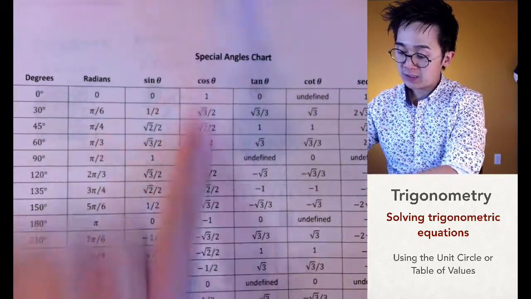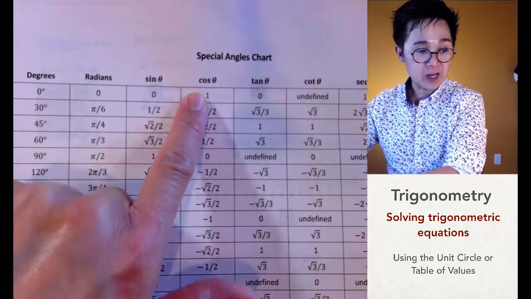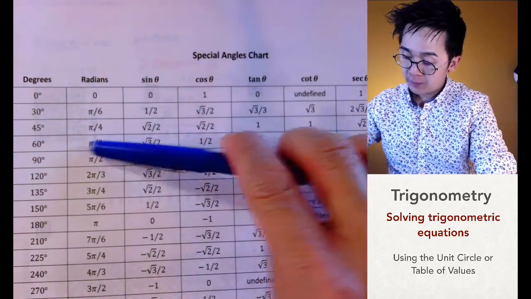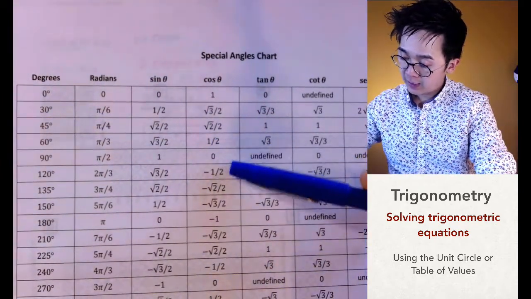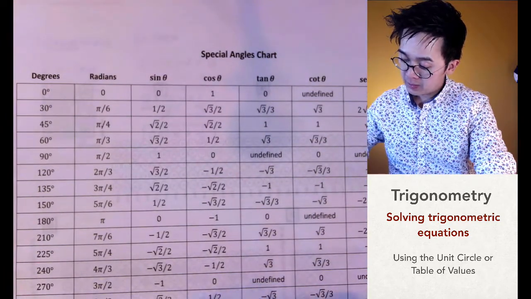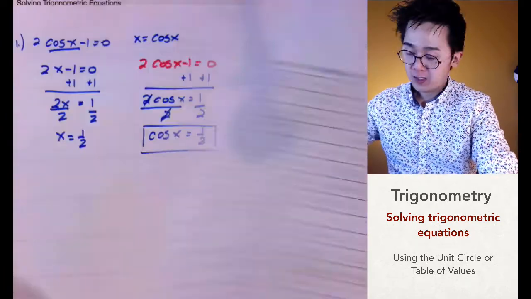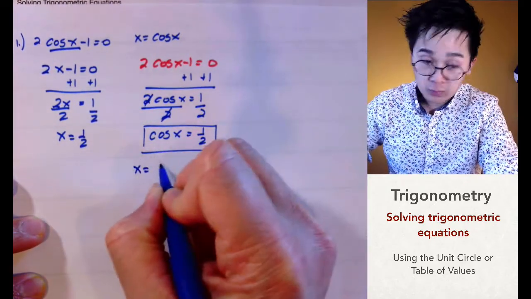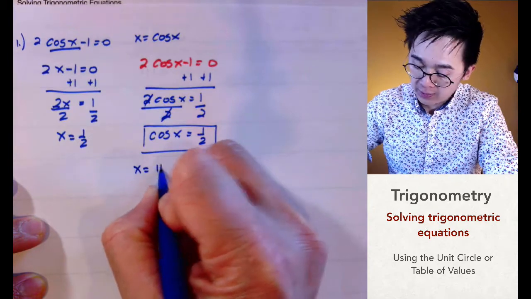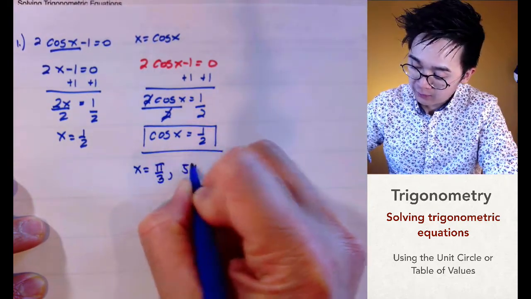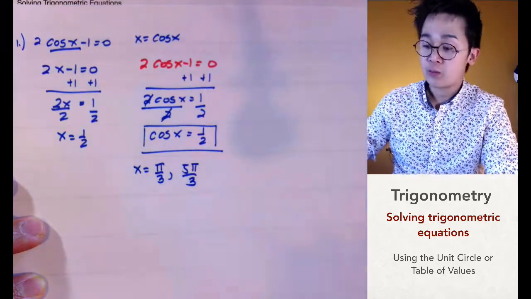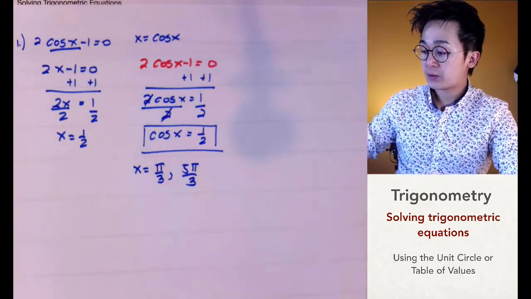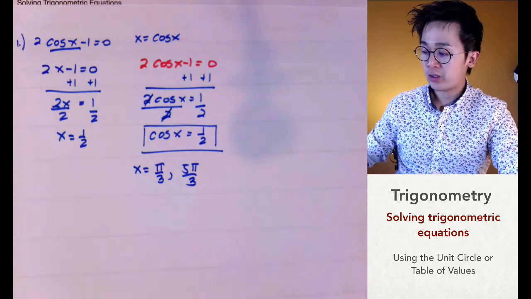Looking at cosine, the values that are equal to 1/2 are pi over 3 and 5 pi over 3. So x is equal to pi over 3 and 5 pi over 3. This is how we solve a trig equation, by using our unit circle or the table of values.